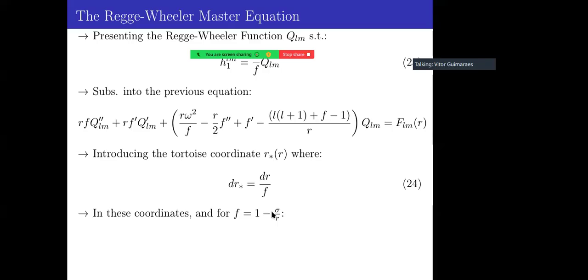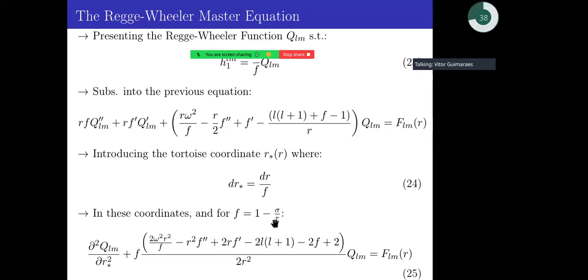Sigma is basically the Schwarzschild radius, which in the Schwarzschild spacetime is equal to 2m. Through this coordinate transformation, and taking into account that f is equal to this, our equation becomes this one.